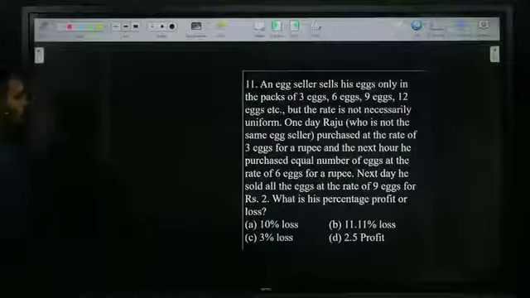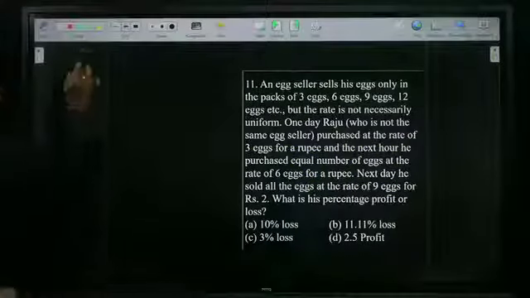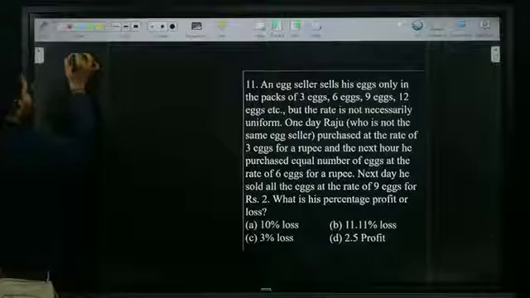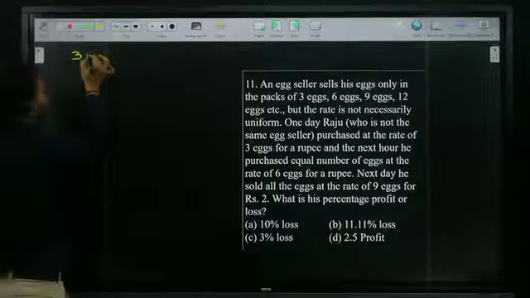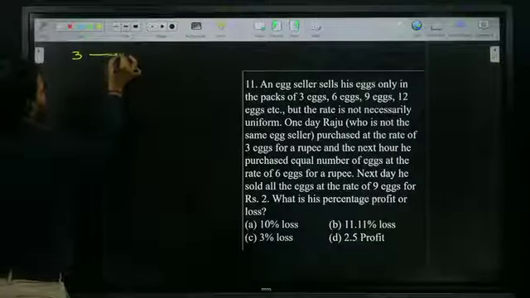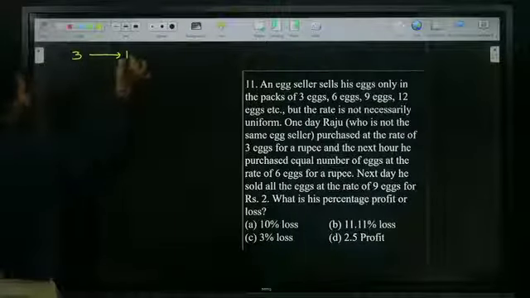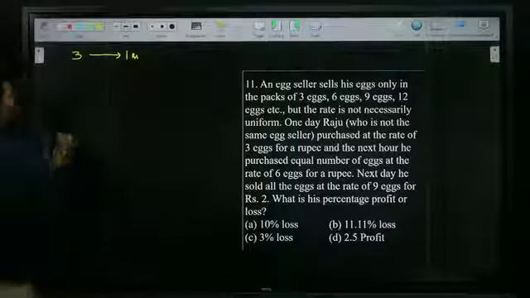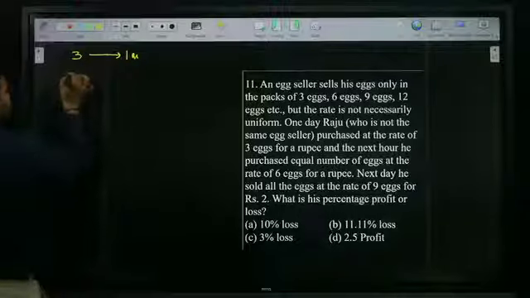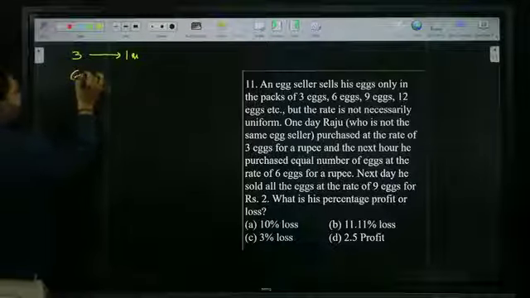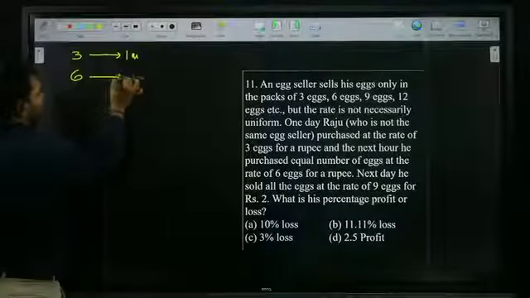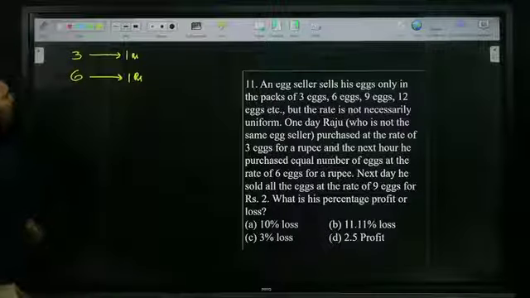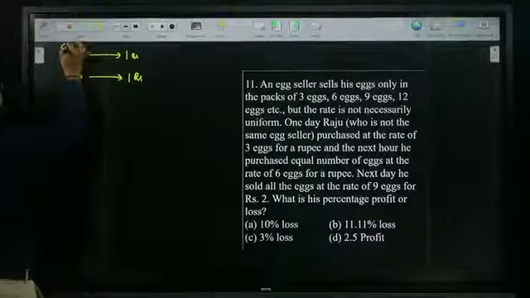Look at me, all of you. The original solution is here. First market, they are purchasing 3x for 1 rupee. In the second market, he is purchasing 6x per 1 rupee. This is CP.